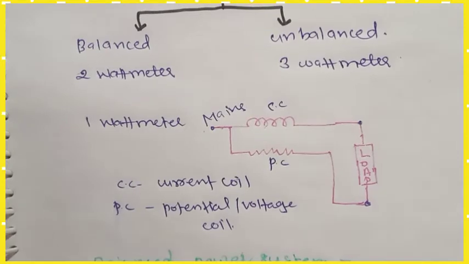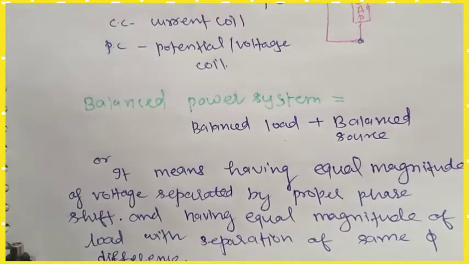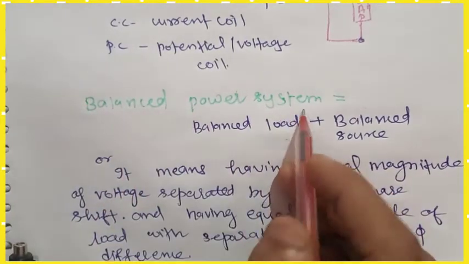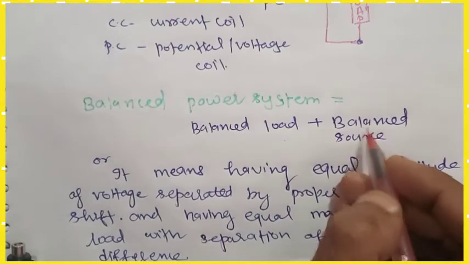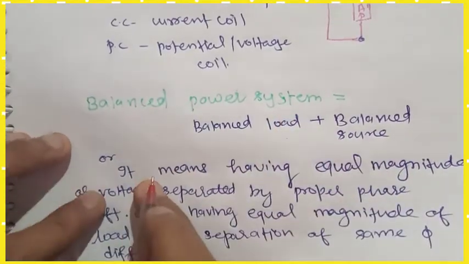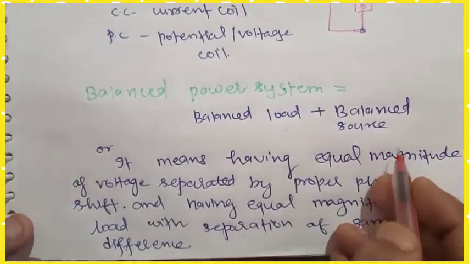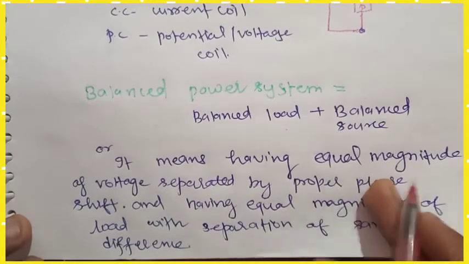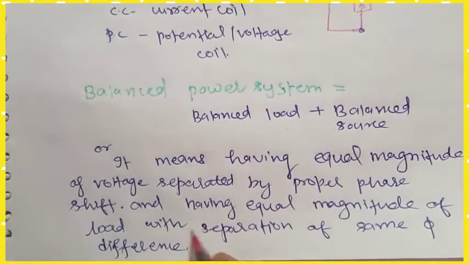Then I am going to tell you what a balanced power system is. A balanced power system is a combination of balanced load and balanced source. This is the condition for a balanced power system. From the definition we can also see that it means having equal magnitude of voltage separated by proper phase shift, and equal magnitude of load with separation of the same phase difference.